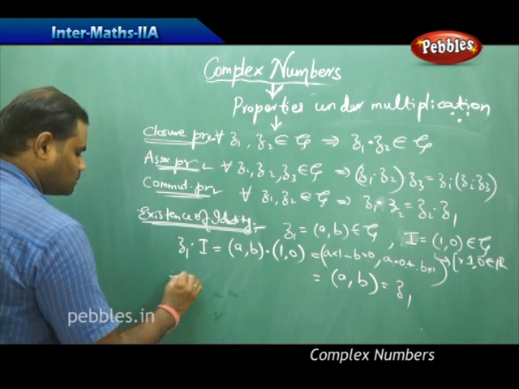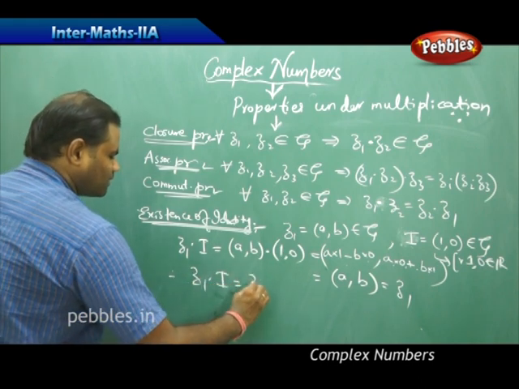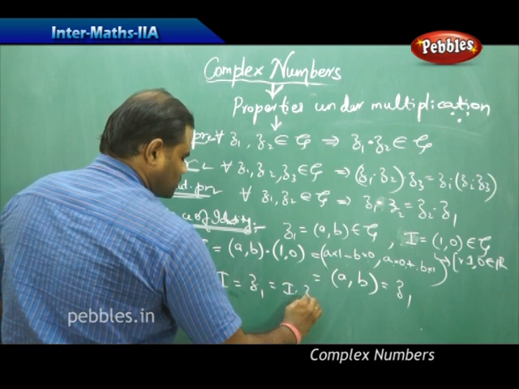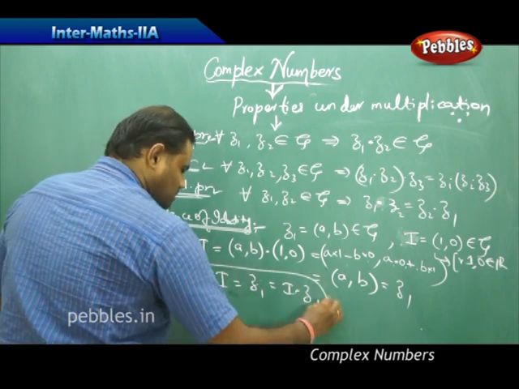Therefore, z1 times I, which is z1, is I times z1, is what gives me the identity property.